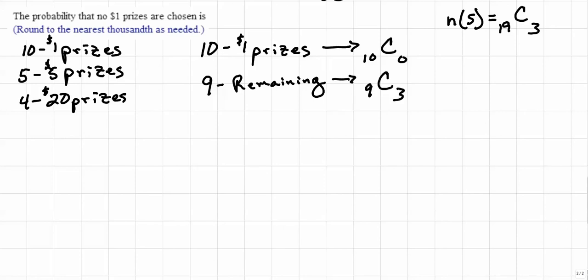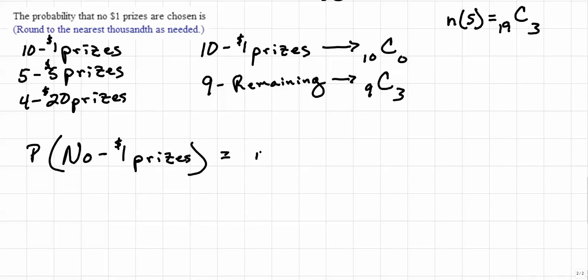So the probability of no $1 prizes will simply be this: 10C0 times 9C3, and we divide that by the number in the sample space, 19C3.